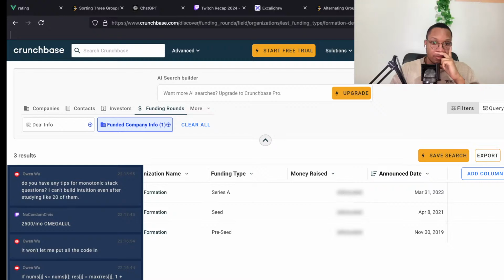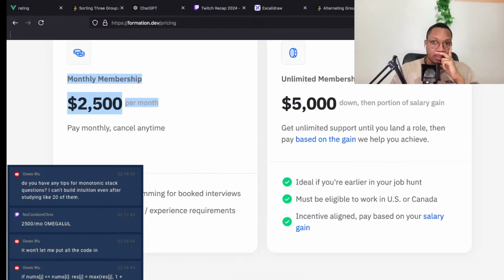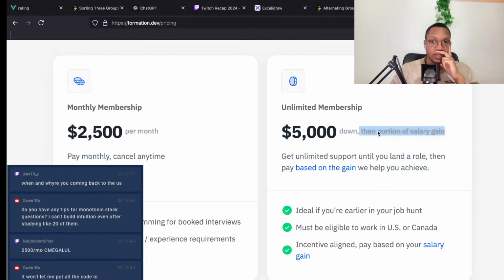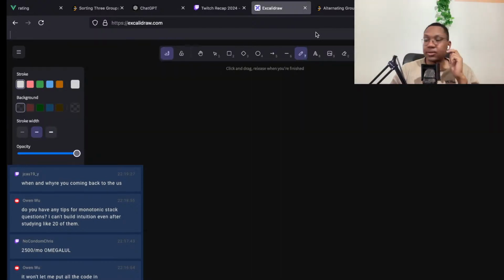But they raised a ton of money. This model has so much worth, it's so insane. $2,500 a month, you have somebody paying you that. That's crazy. And then $5,000 plus a percentage, like a big chunk of your salary too. It's like $20,000 in total. It's unreal.